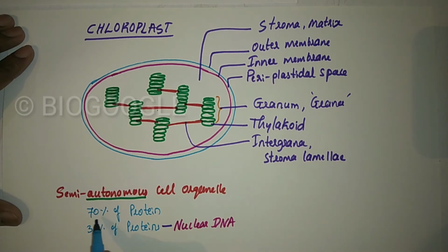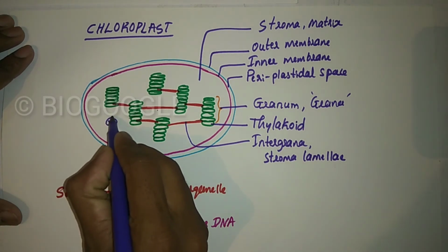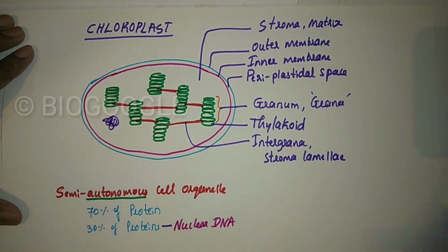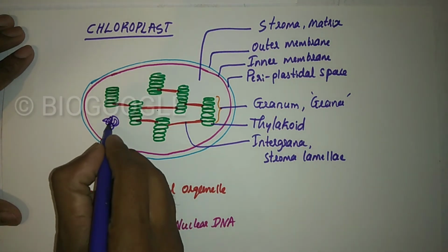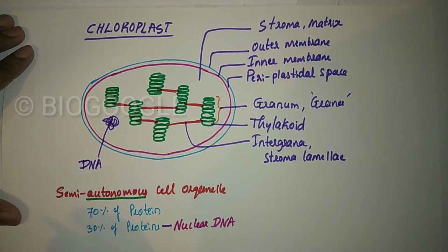Then what about the 70% of proteins? These are synthesized by the chloroplast itself, because the chloroplast also contains its own DNA that will help in transcription and translation.